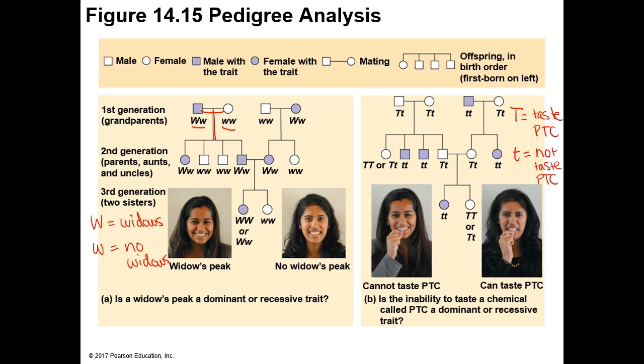Okay. So if we follow along from the first generation, we can see 2 families here. The grandparents, the first generation. So we have 2 individuals who can taste PTC. However, we can look right here.